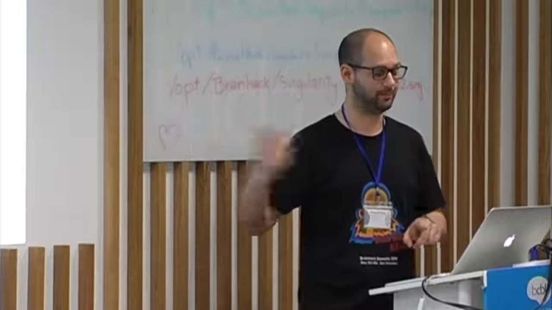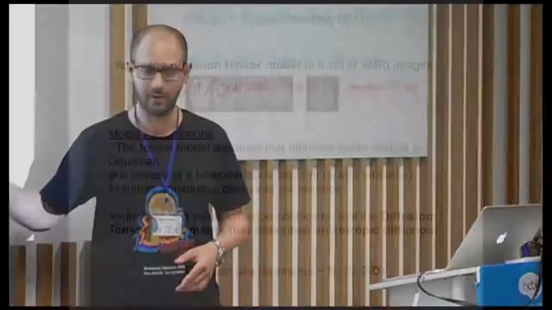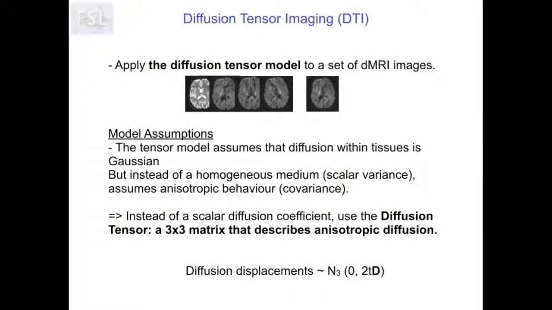We need to use a matrix. We need to use the so-called tensor, right? So that, once again, from a more statistical point of view, we have a three-dimensional Gaussian distribution with, once again, mean zero, so centered, time dependence, and now this capital D becomes bold, and represents the matrix that we're interested in.